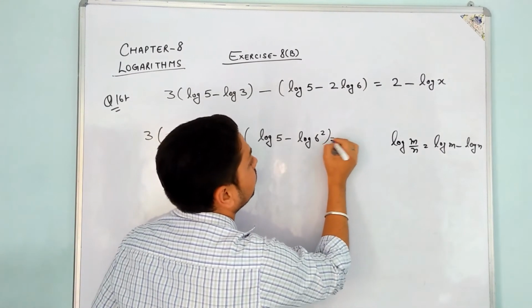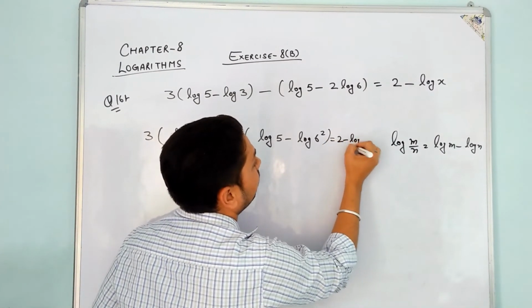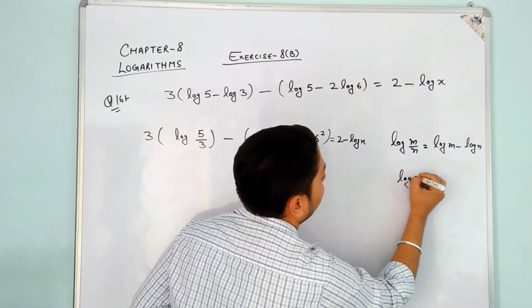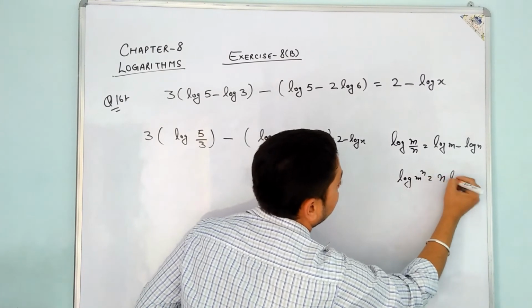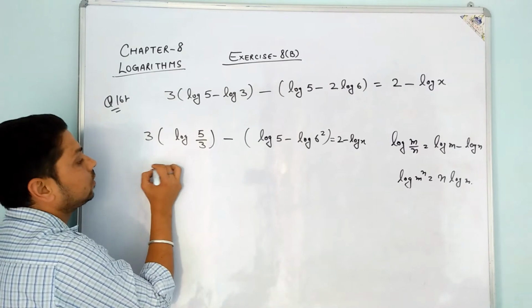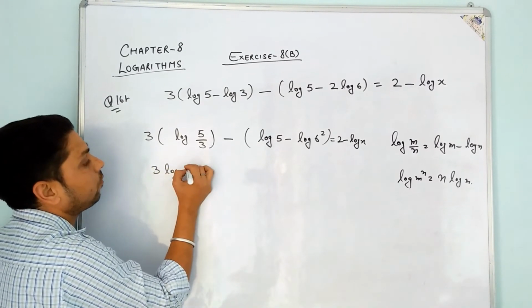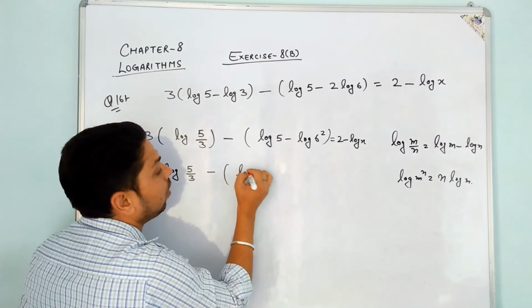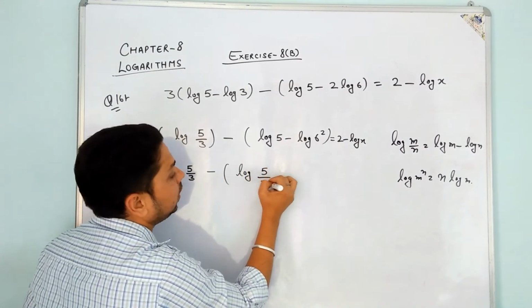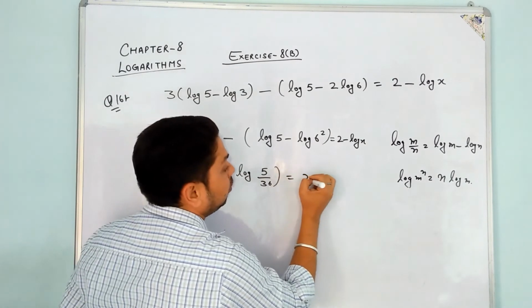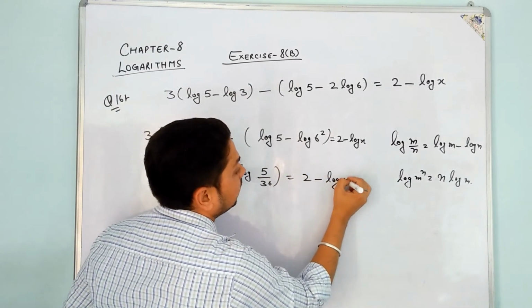This is equal to 2 minus log of x. Here we have applied the property log of m raised to power n is equal to n log of m. Again we have 3 times log of 5 over 3 minus log of 5 upon 36. This is equal to 2 minus log of x here.